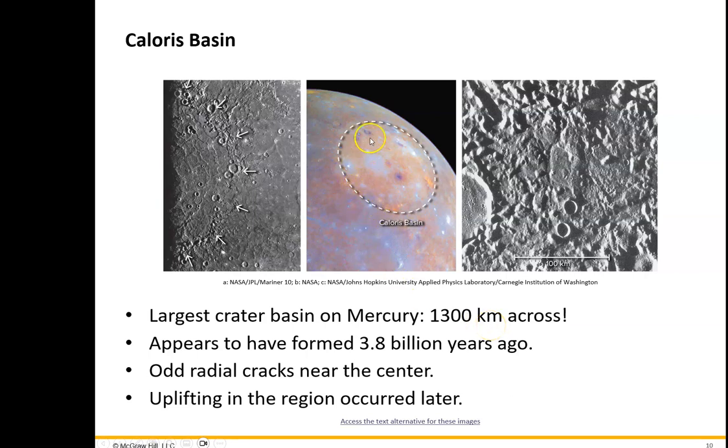This was so intense that it almost broke the planet apart, and we think that it appeared about 3.8 billion years ago. Remember that Mercury formed at the same time that the rest of the solar system formed, about 4.5 billion years ago, and this collision, with a huge object, almost broke the planet apart.